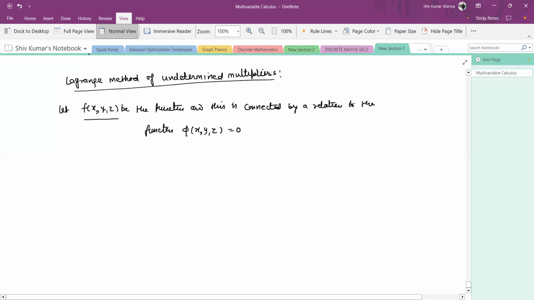Okay, so we make two functions. First function is already given. Second function, which is connected by the relation, so that means phi(x, y, z) equal to 0.